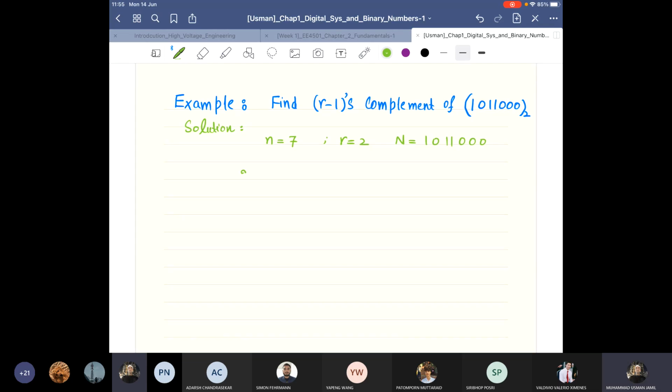So formula is r power n minus 1 minus n. So it is equal to 2 power 7 minus 1 minus n. Okay.